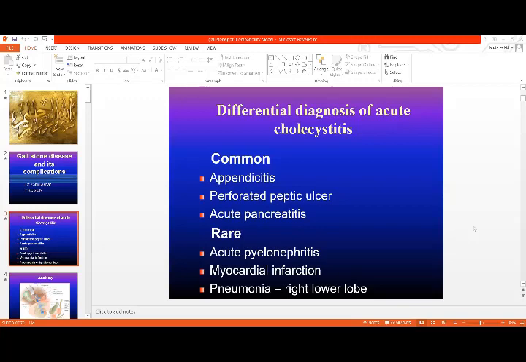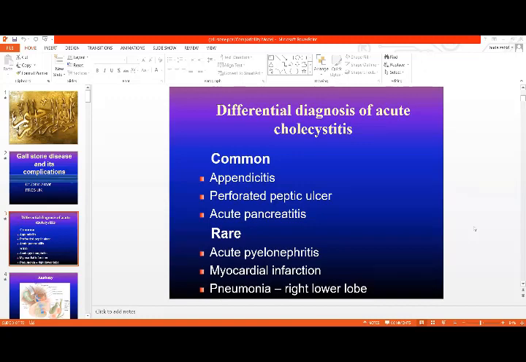But at the same time, I should also mention this. Sometimes a 40-year-old lady, for example, comes to you with just pain in the right hypochondrial region with nausea or vomiting. On examination, Murphy's sign is negative, no tenderness, normal temperature, and there's no leukocytosis.